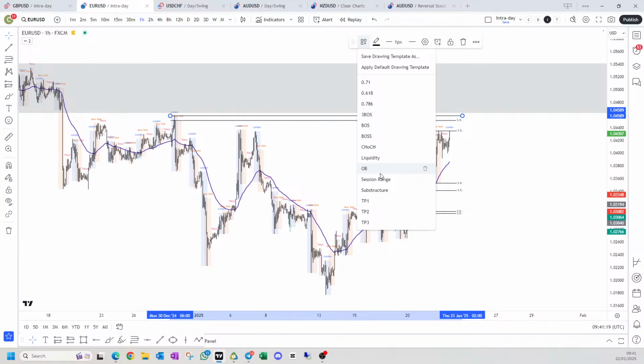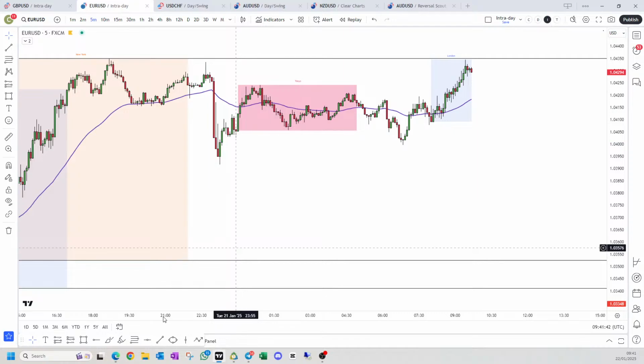And then we look at Asia. So you can see Asian low got swept, changed character, took the high.